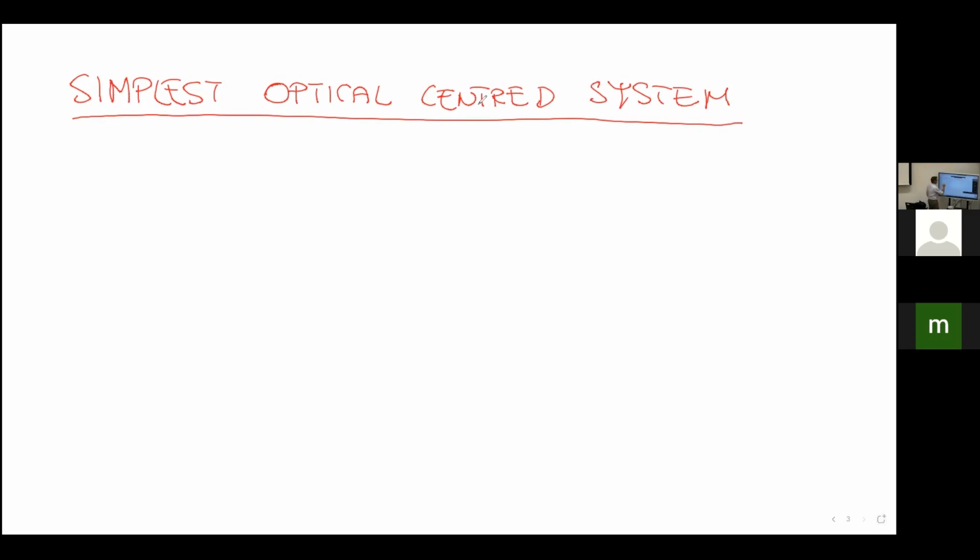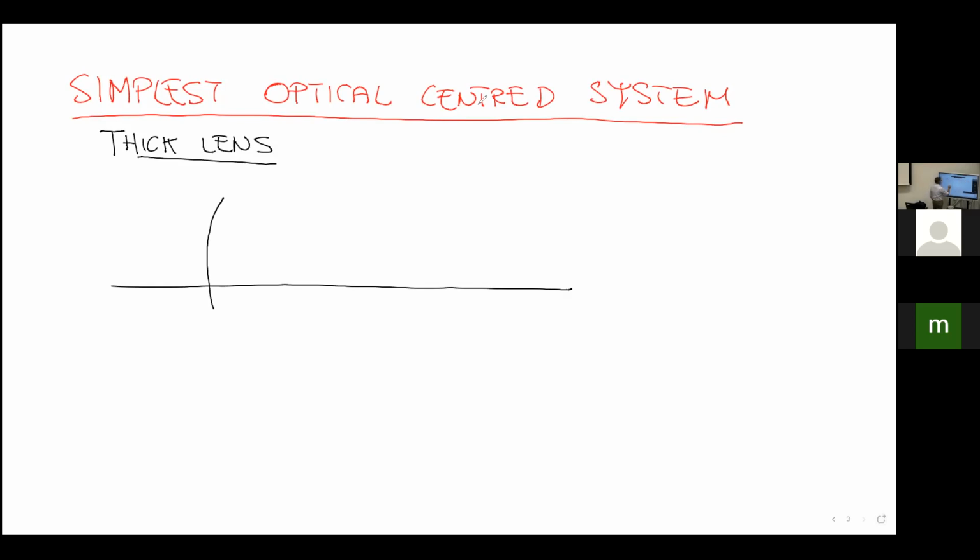The simplest system is the so-called thick lens. What is a thick lens? Imagine you have the optical axis, and then you have a surface. Let me design it really very thick.